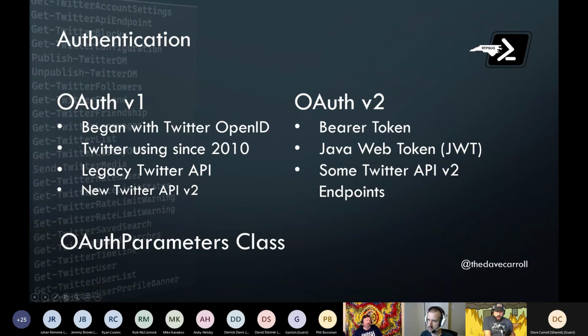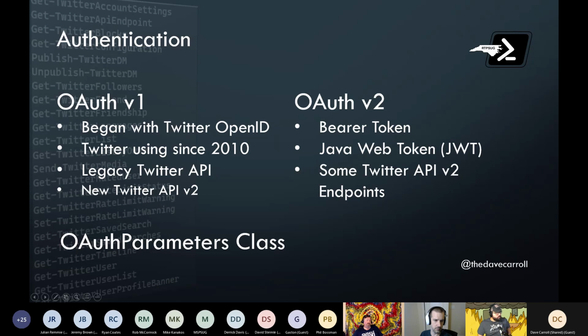So there's a couple of versions. There's OAuth v1.0a, I think, and then OAuth 2. The 2 is what a lot of people use. It's called bearer token. Sometimes you may see it as the JWT, or JSON Web Token. So some Twitter API v2 endpoints are OAuth 2.